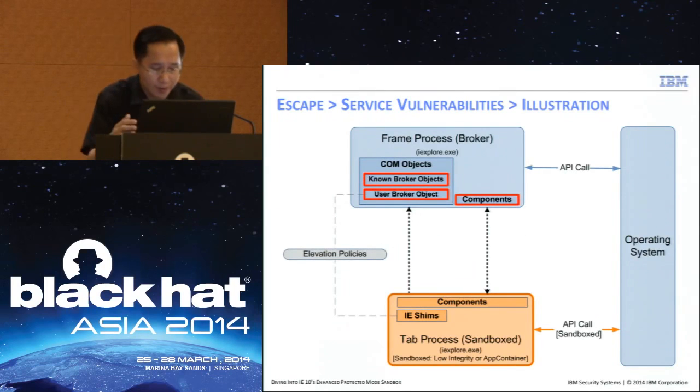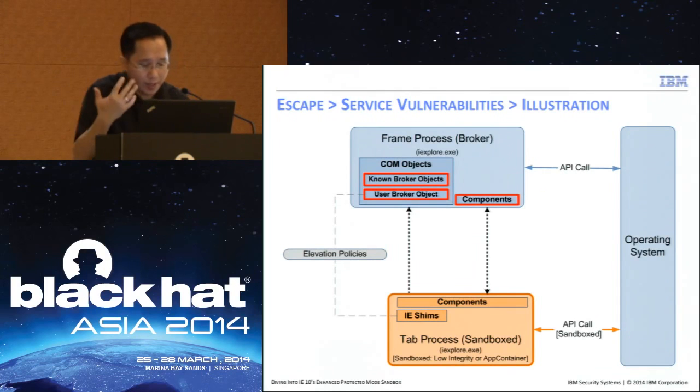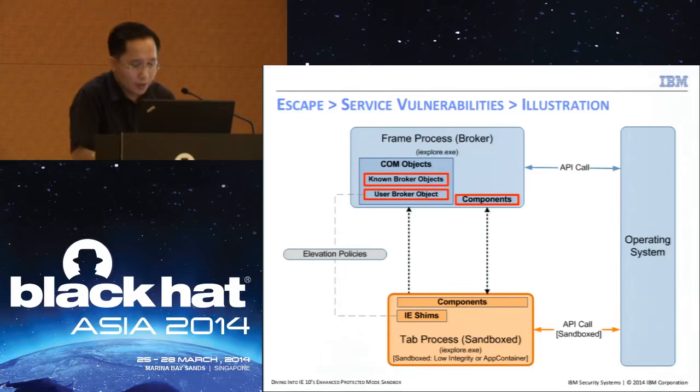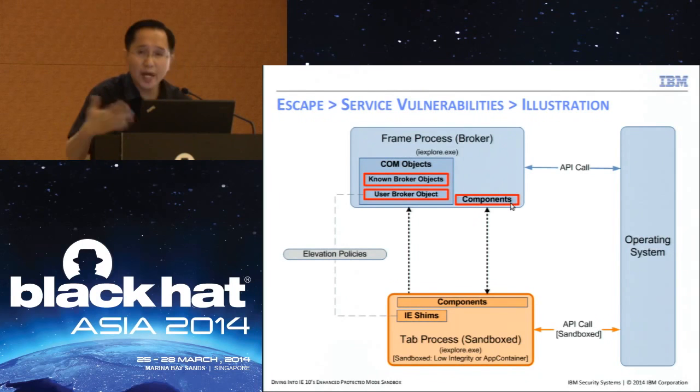So to illustrate, service vulnerabilities involve weaknesses in the services exposed by the higher privilege process. In the case of IE, this includes services exposed by the user broker object, the non-broker objects, and the message handlers exposed by components in the broker. We can expect that additional services will be added to support new browser features and functionalities.